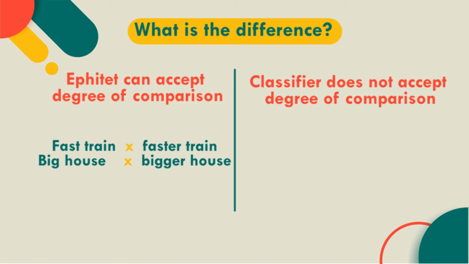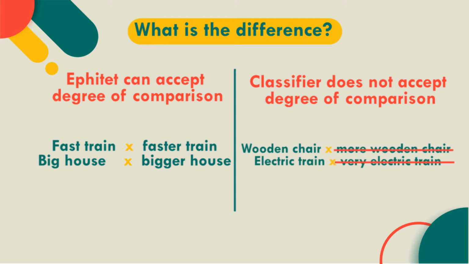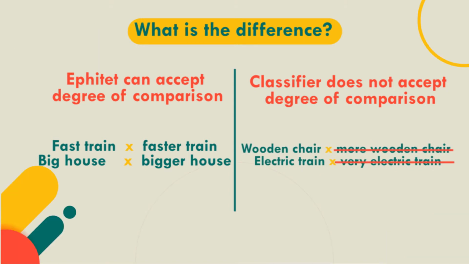And so for the big house, it means a house which is big in size, so there may be a bigger house. Meanwhile, for wooden chair, it's classifier, we cannot have a more wooden chair or a very electric train.